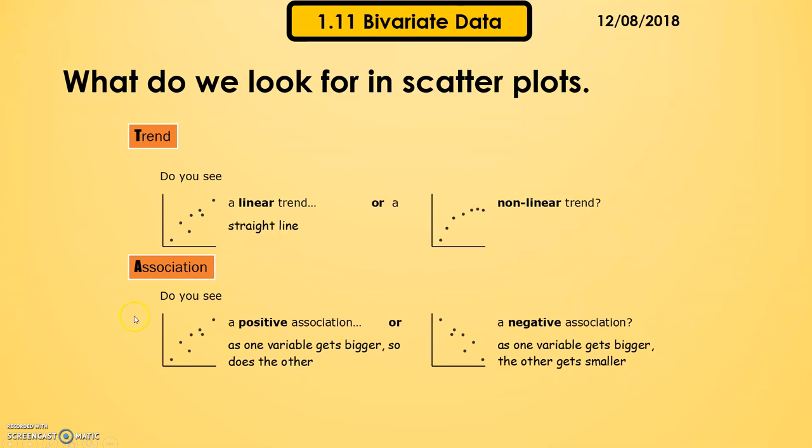A in TASGU stands for association, and association just means whether it's positive or negative. A positive association has points in the bottom left and then to the top right, and a negative association has points in the top left and the bottom right.